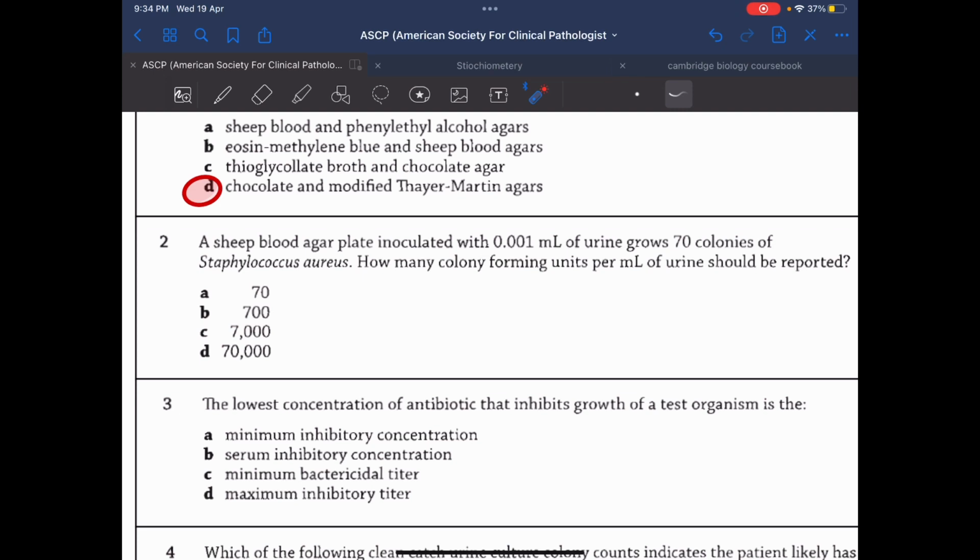When 0.001 ml of urine is plated, the growth of one colony is equivalent to 1,000 colony forming units per ml. Thus, 70 colonies is equal to 70,000 colony forming units per ml. So the correct answer is D.